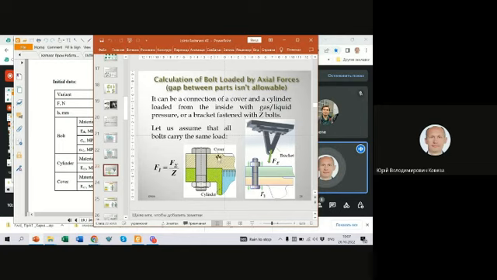We consider this situation when we know summary force and number of bolts.